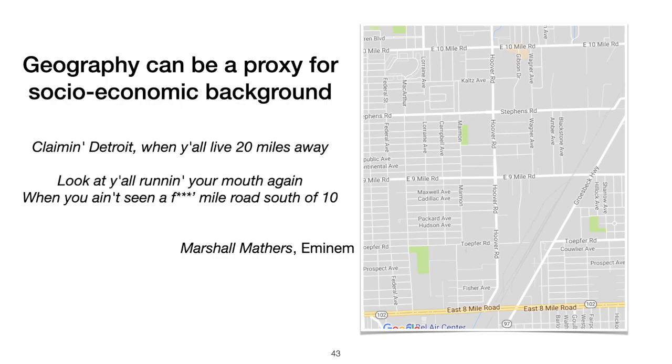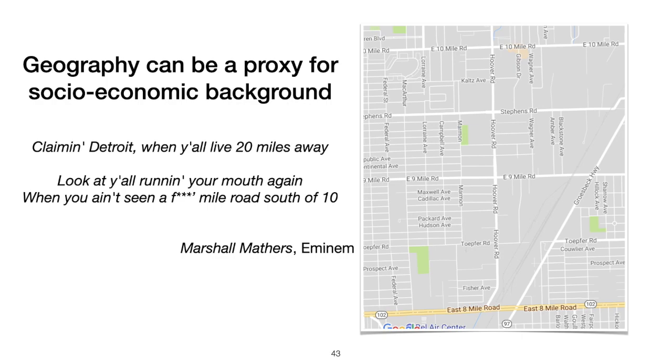So in Detroit, your address is literally a score from 1 to 20 based on your socioeconomic background. It may be that downtown has become gentrified now. It's been a while since I was in Detroit. But certainly this song here highlights the connection between geography and socioeconomic background.